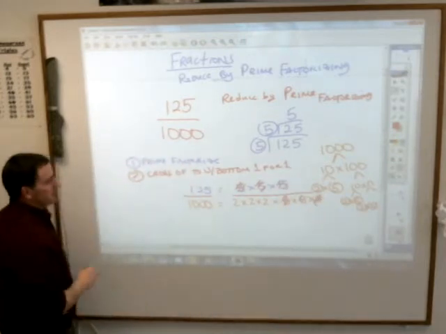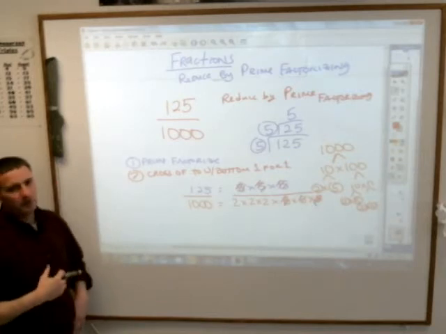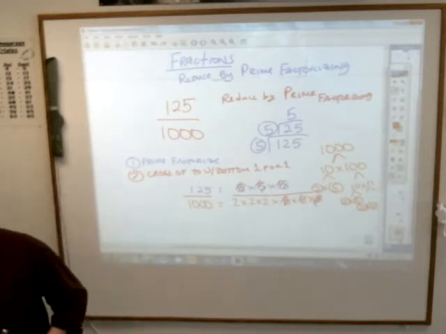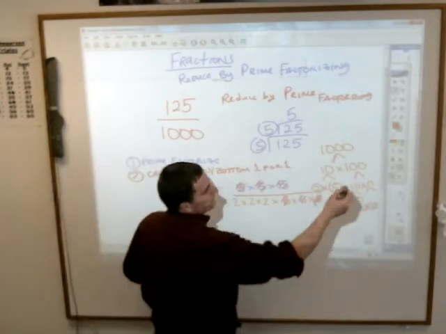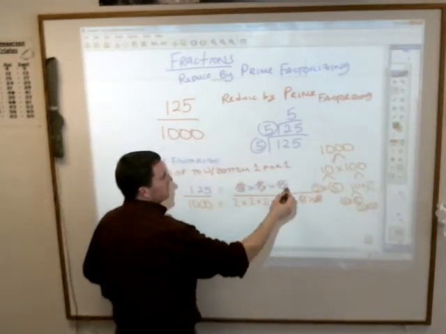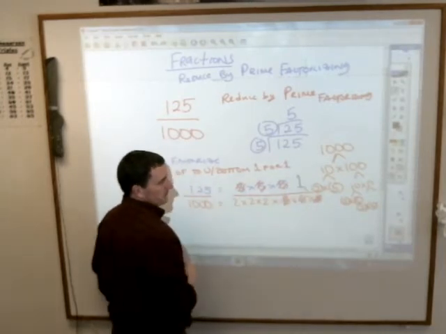That's everything that crosses out, but we have an issue here. Everything on top crossed out. What's the deal when everything on top crosses off? Yeah, if everything crosses off on top, you're still left with a 1.